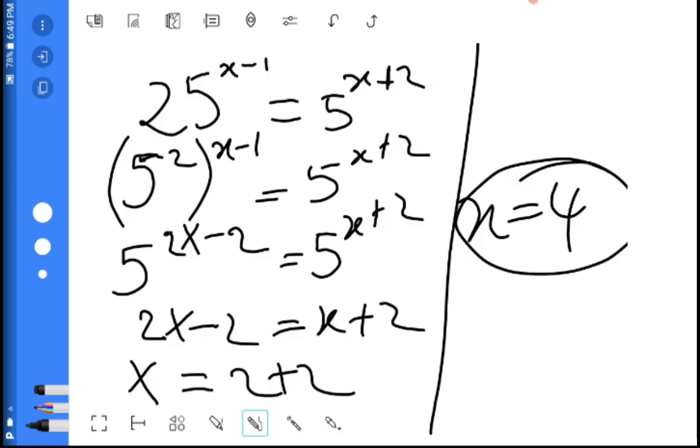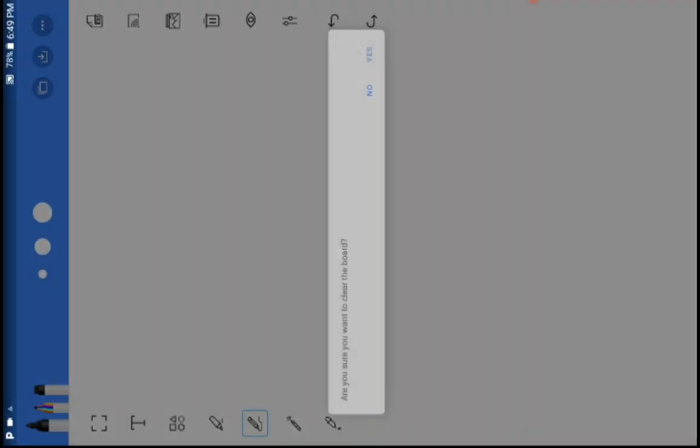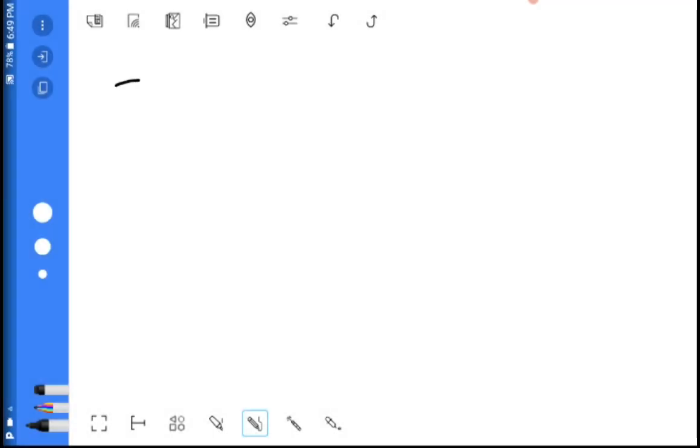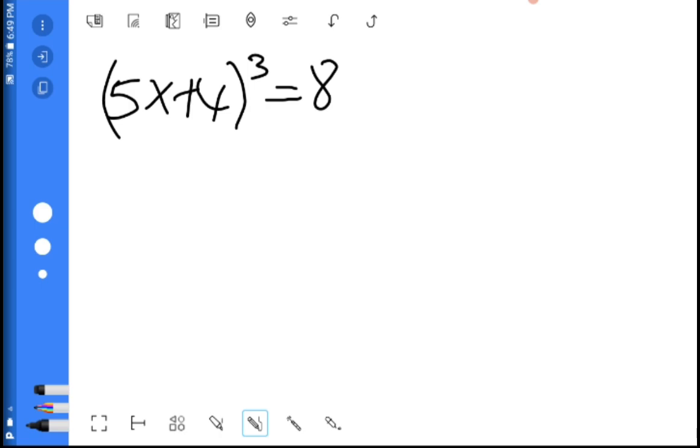All right, so with that, work is done. Next question, we have if 5x plus 4 to the power of 3 equals 8, find x. So it is simple.